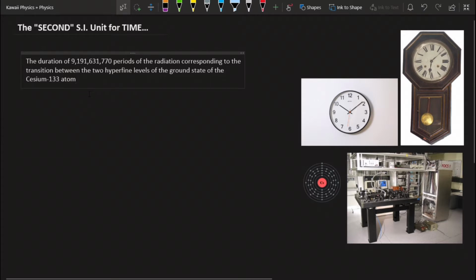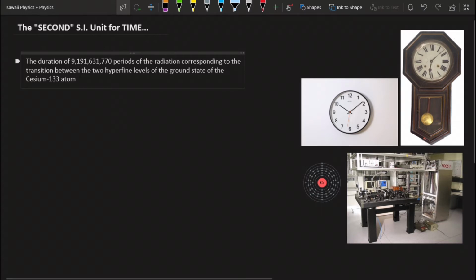So it seems like a very long and very complex definition, but I will explain it to you in detail. So hopefully you're gonna understand this definition a bit more thoroughly. It's simply saying that a second is the time that the cesium-133 atom takes to vibrate.